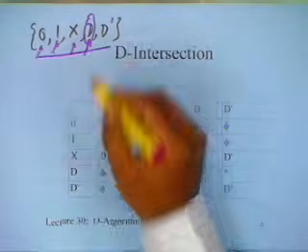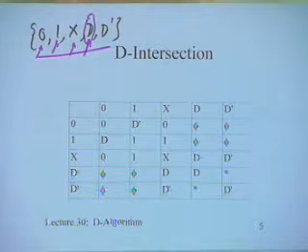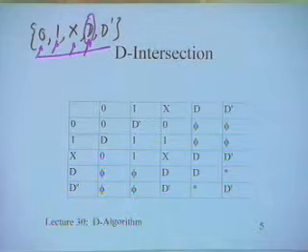So, these are the 5 values, and as they proceed with the D algorithm, the nodes will get specified with one of these 5 values, and we will see how it works.